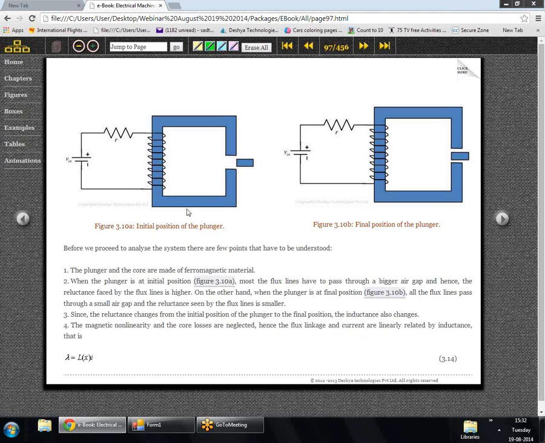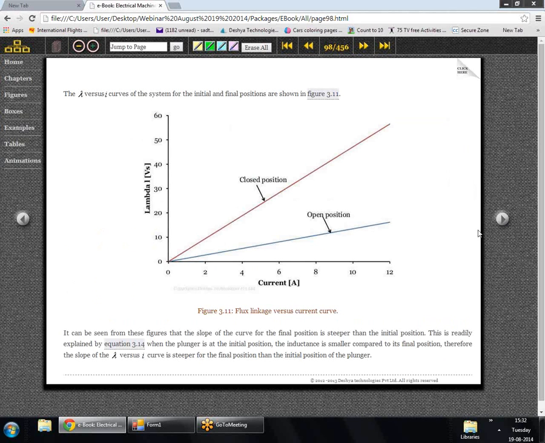Okay, so as the plunger moves, the inductance of the entire system would change, and that's obvious because when the plunger is in open position, as shown in figure 3.10a, we have a larger air gap, and when the plunger is completely in closed position, as shown in figure 3.10b, we have a smaller air gap. So if the air gap changes, obviously the inductance of the system would also change, and this is the reason why we have represented the inductance as a function of plunger position x.